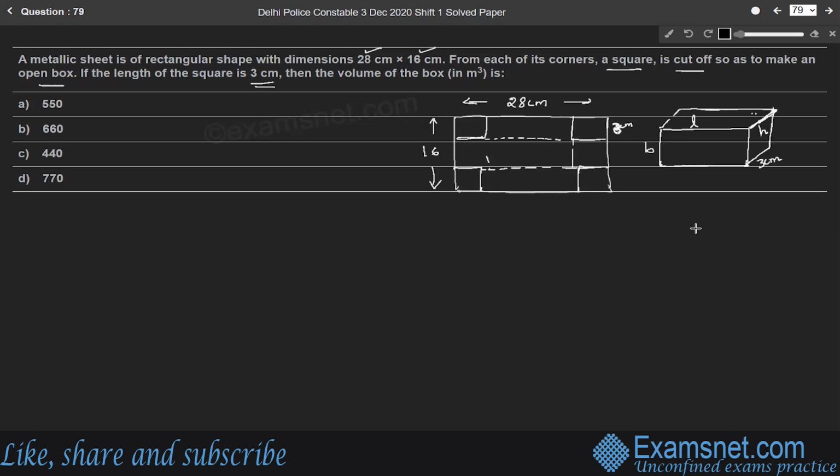And what is length of the box? New length becomes original length minus cut portion. Here 28 minus. So on either side of the box there will be cut portions. Therefore 2 times cut portion. This will be new length, whereas new breadth will be 16 minus 2 times cut portions. Right? Let us solve it step by step. Solution.